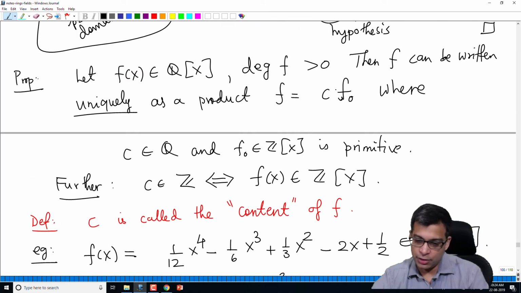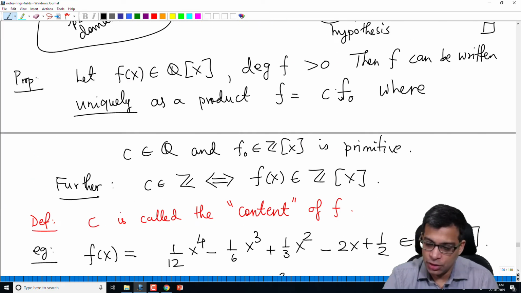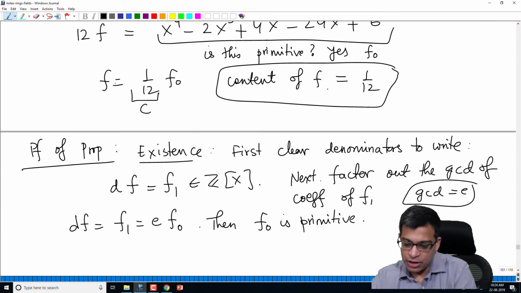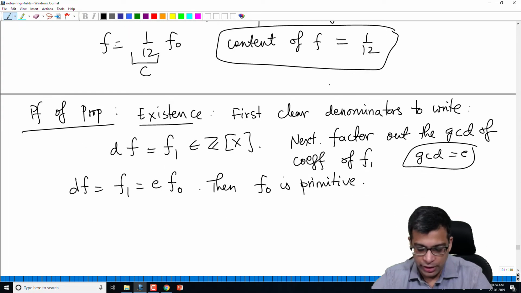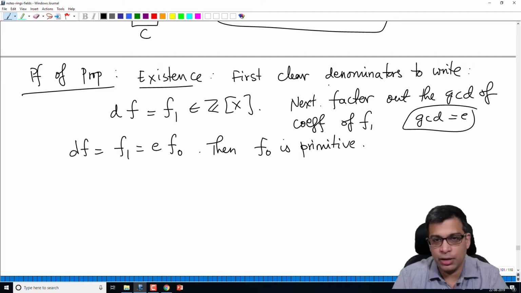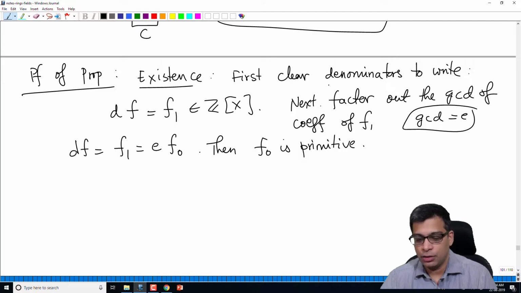We assume the degree of f is positive, and f may have a negative leading coefficient, but when you clear out the GCD, it always picks out the negative part, and f0 now has a positive leading coefficient. So it has positive degree and positive leading coefficient, and because we have factored out the GCD, the remaining coefficients have no common factor. So we can show that f0 is primitive.